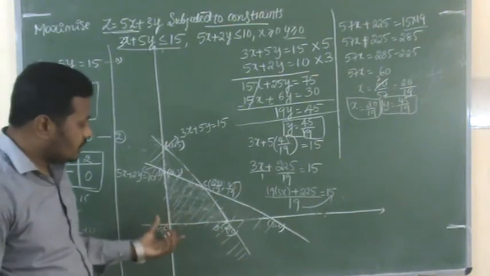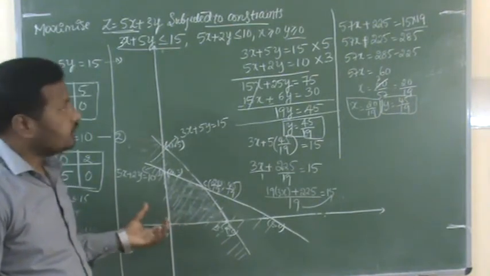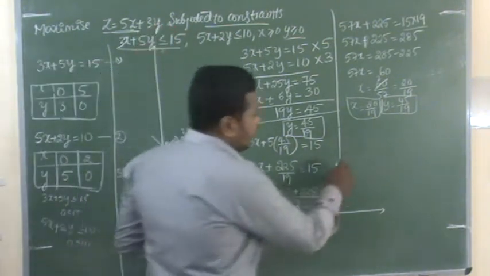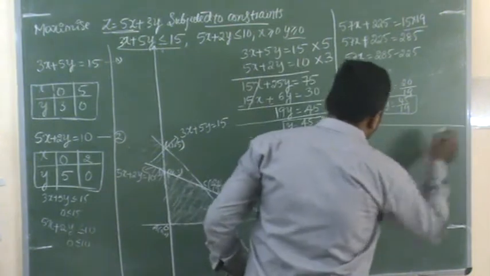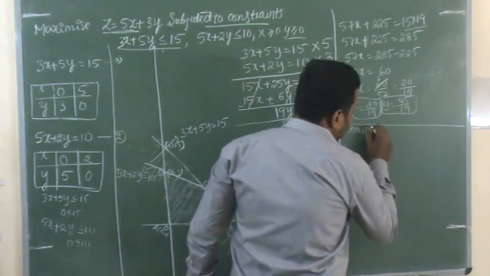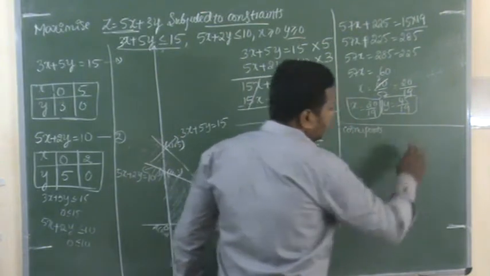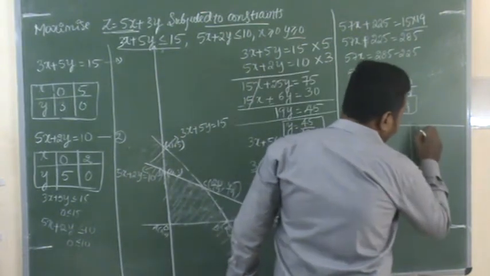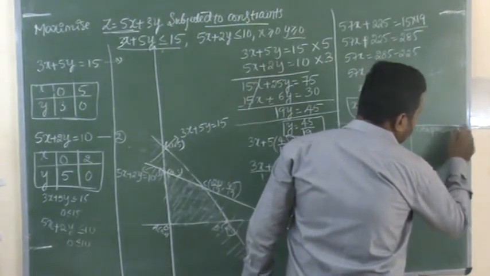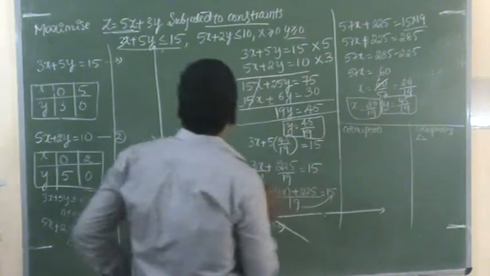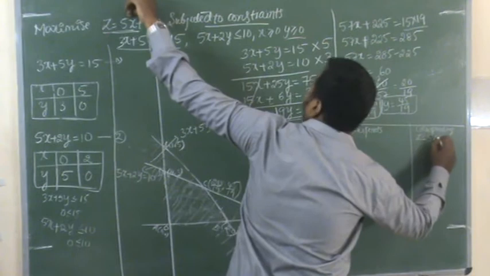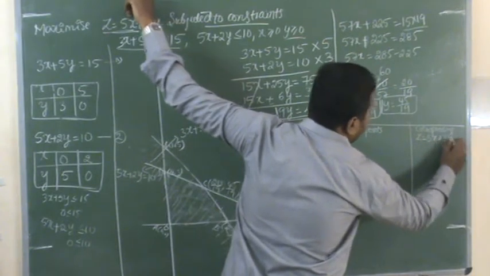Now we substitute the corner points into the objective function. What do we get? Corner points corresponding to the Z value. Z is equal to 5x plus 3y.